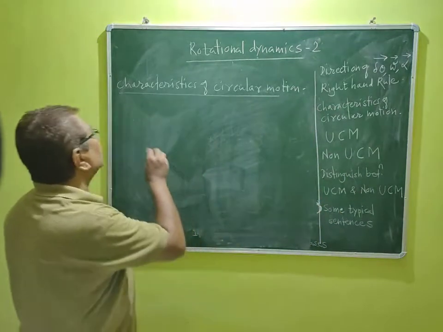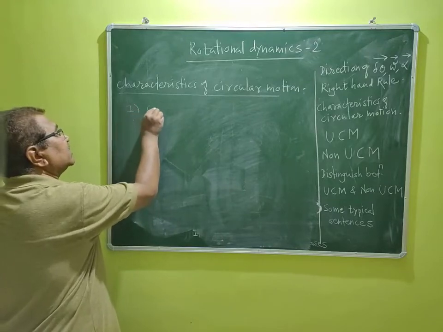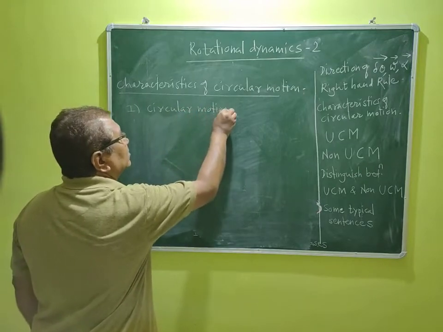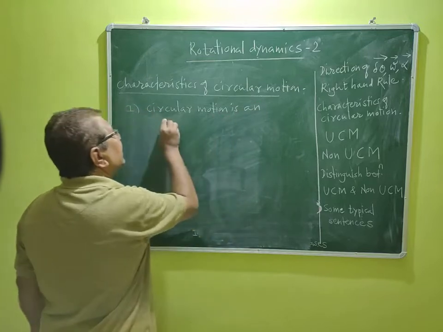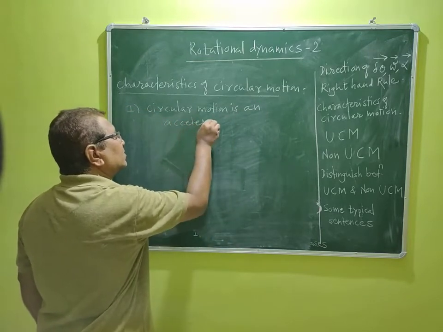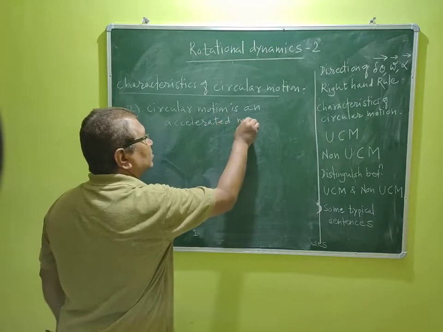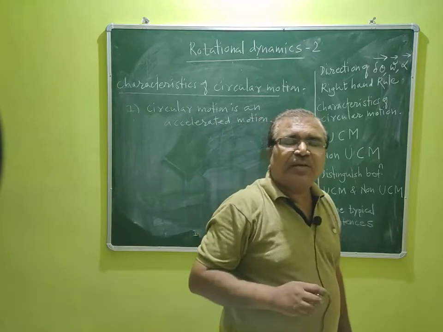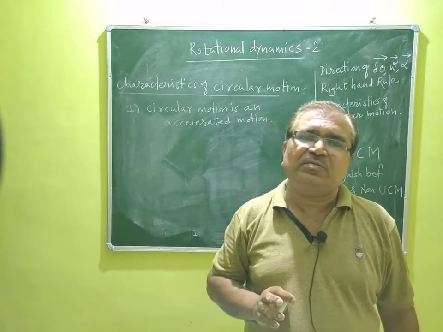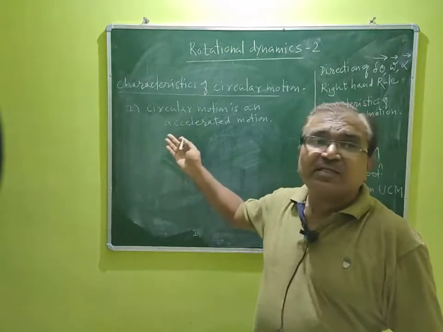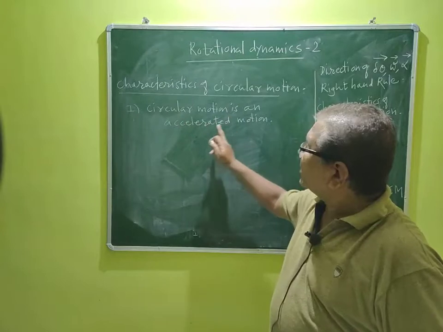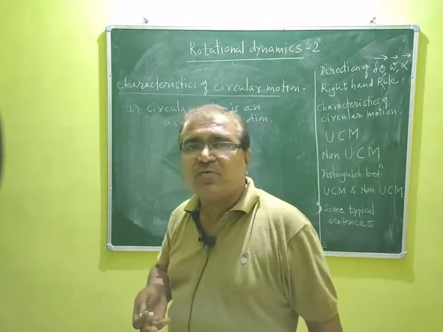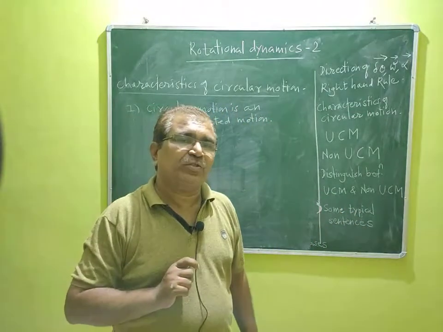The first characteristic I will write here: circular motion is an accelerated motion. So there may be a possibility of a question over this characteristic: circular motion is an accelerated motion. Comment on this, or explain why circular motion is an accelerated motion.